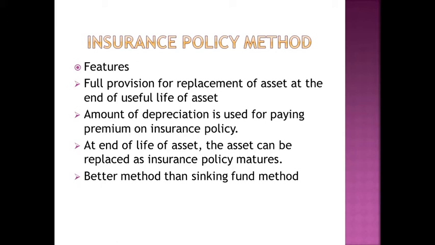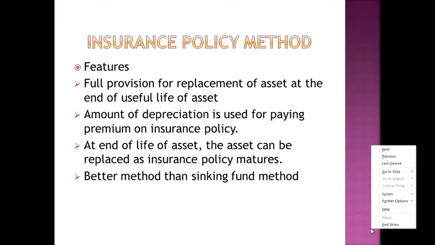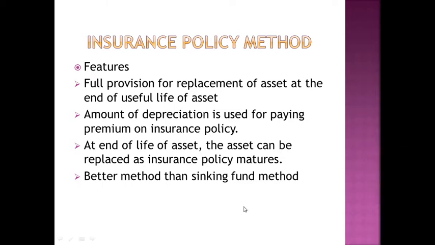This method also uses the amount of depreciation calculated for paying a premium on the insurance policy. At the end of the useful life of the asset, the asset can be replaced when the insurance policy matures. This is a method which improves over the insurance policy method.